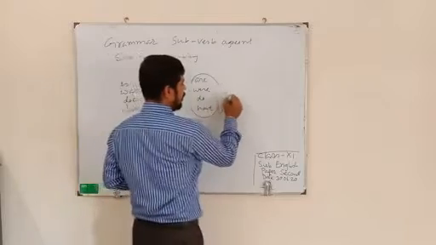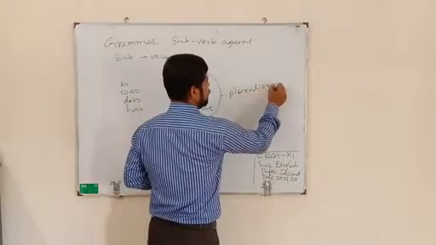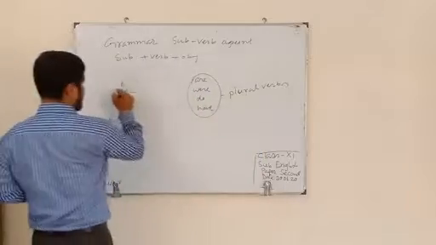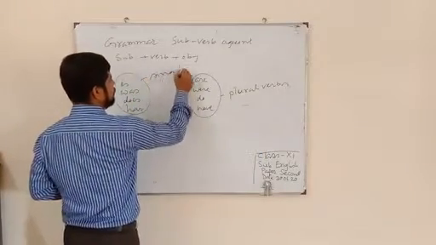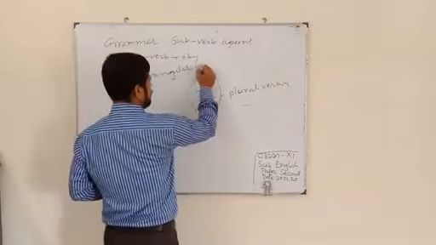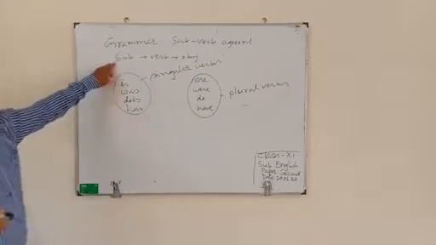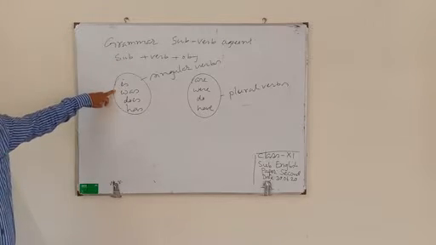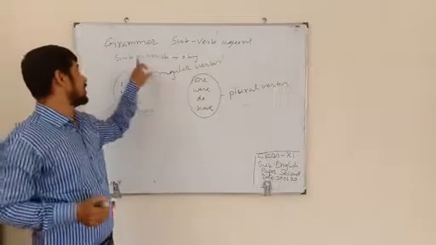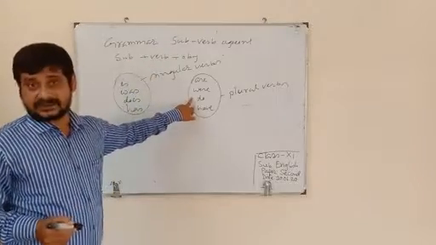Those are plural verbs, and those are singular verbs. If your subject is singular, you can use these singular verbs. If your subject is plural, you can use these plural verbs.